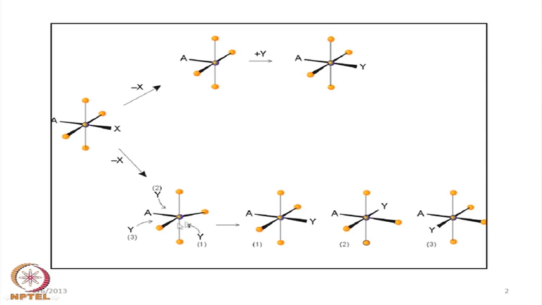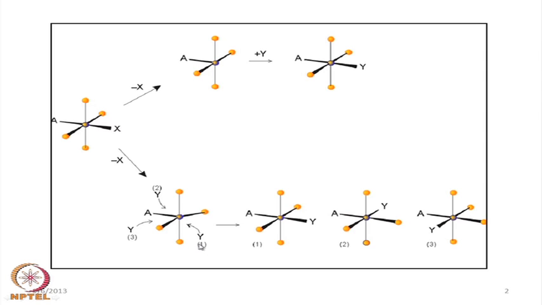So, it is side 1, when Y is attacking side 1. The second possibility is that Y is attacking from side 2, this is the side, and the third possibility is where Y is attacking from this side.